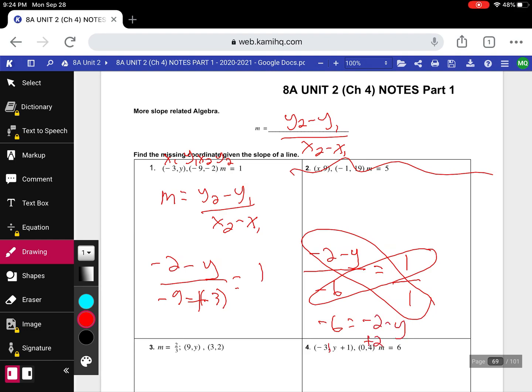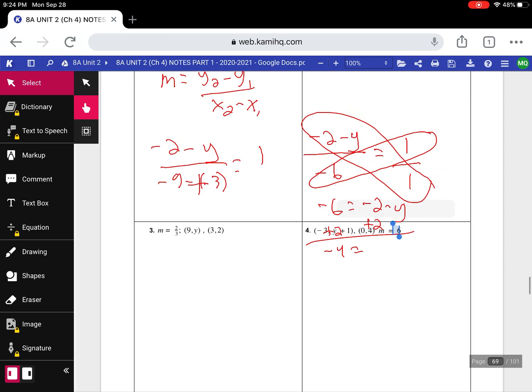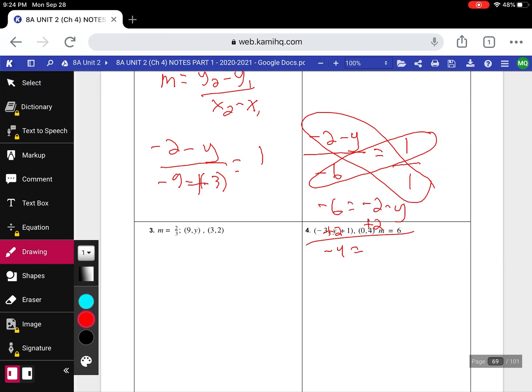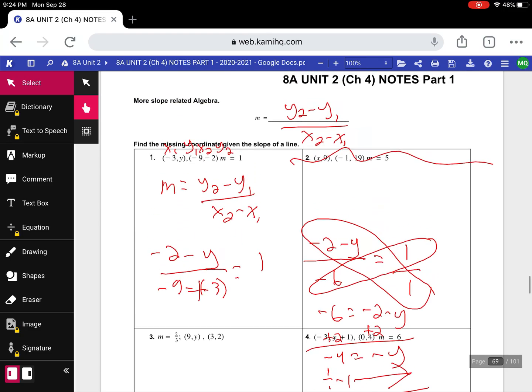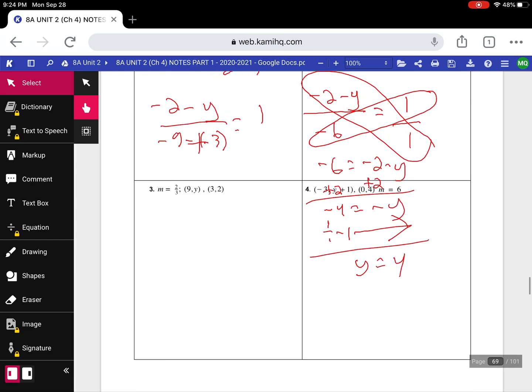We are going to add 2 to both sides. We get -4 equals negative y. Oopsie, sorry about that. And you're going to divide by -1. And you get y equals 4. So what that means is that your missing coordinate here is -4. Or sorry, is +4. If you were to plug that back in, it would give you a slope of 1.